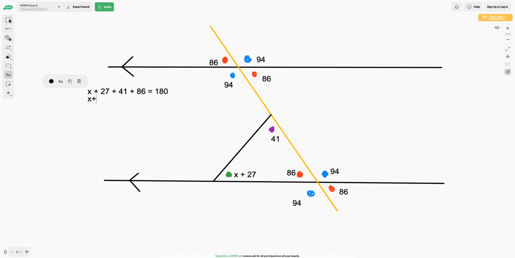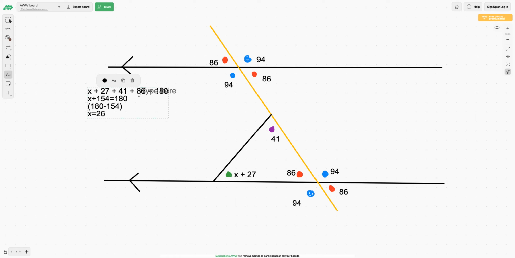So x plus 154 equals 180. Now we do 180 minus 154, because we do the opposite. So x equals, I'm going to type in my calculator, 180 minus 154 equals 26. So x equals 26. That is when we use triangle sum theorem.